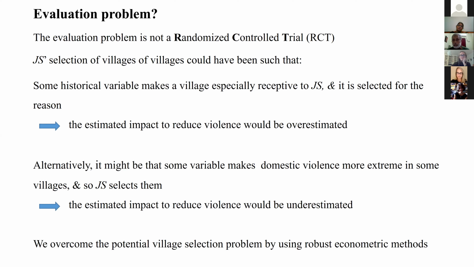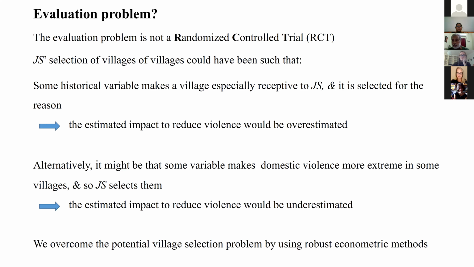Alternatively, JS could have chosen the villages where domestic violence was very high. In both cases, if we treat the choice of villages as exogenous, we would be overestimating the impact. So in our analysis, we actually assume that the choice of villages was endogenous, and we use econometric methods to control for the endogeneity so that we can establish causality.